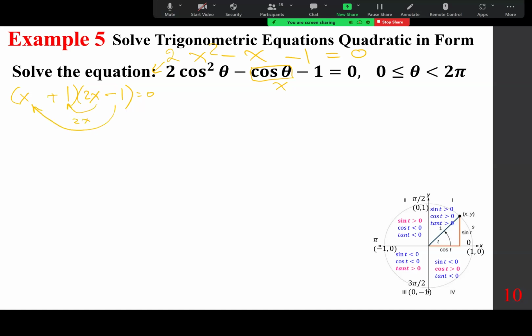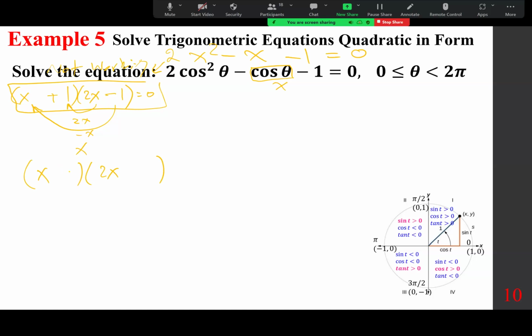This is minus x. And they add up, 2x and minus x add up to x. And that is not working. Why? Because the middle term didn't work.